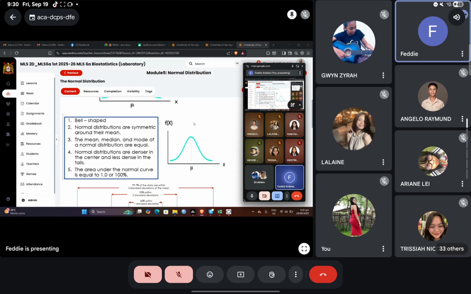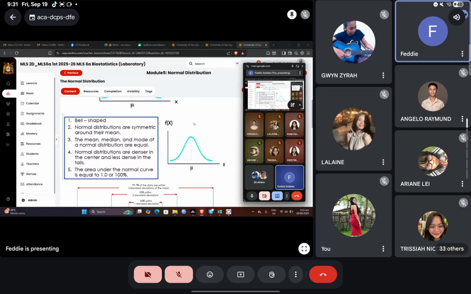The mean, median, and mode of a normal distribution are equal. Normal distributions are denser in the center and less dense in the tails. As you see, the graph looks like a bell shape, so most likely the data falls closer to the mean.